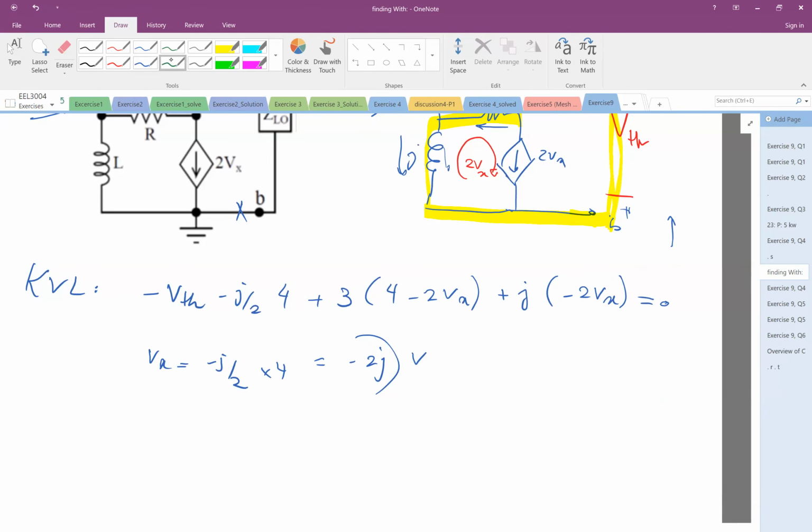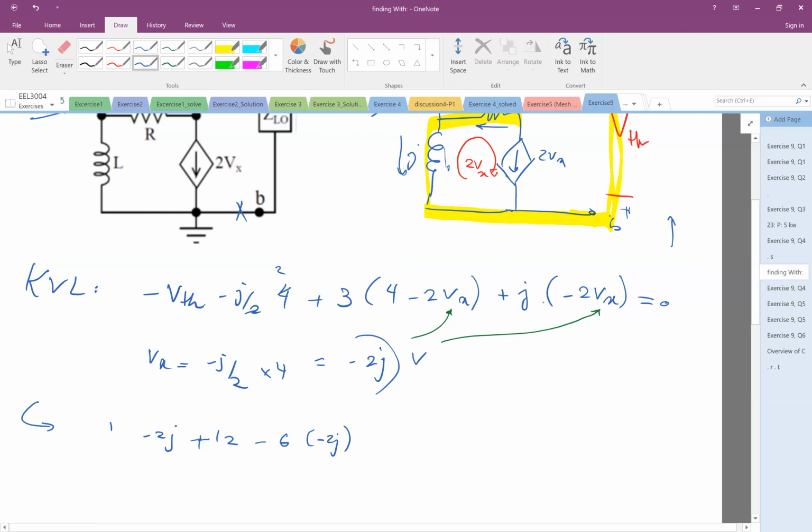So I just replace this here: negative VTH minus 2j plus 12 minus 6 times Vx, which is negative 2j, minus 2j times Vx, which is again minus 2j, equal to 0.